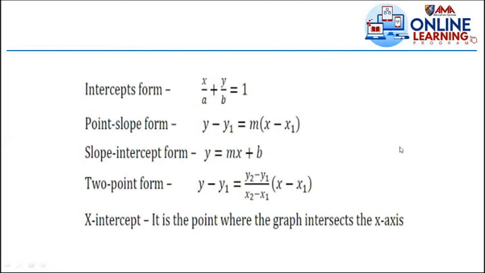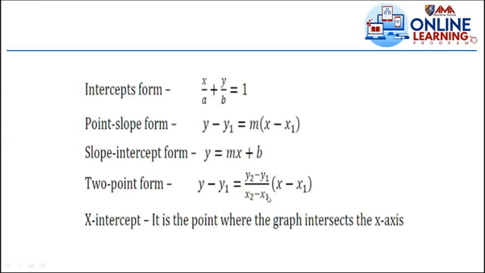So this height is what we call your rise, and this horizontal distance is what we call your run. So slope is equal to rise all over run, or delta y all over delta x, or y2 minus y1 divided by x2 minus x1.